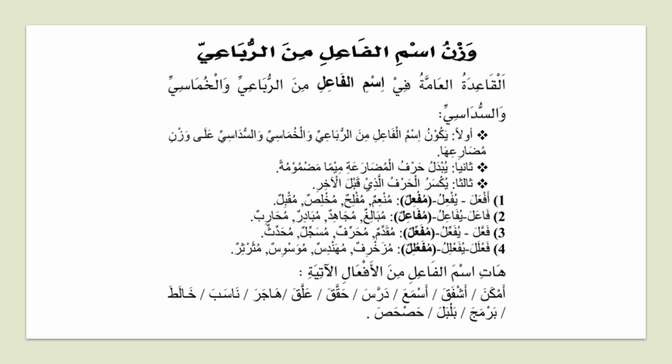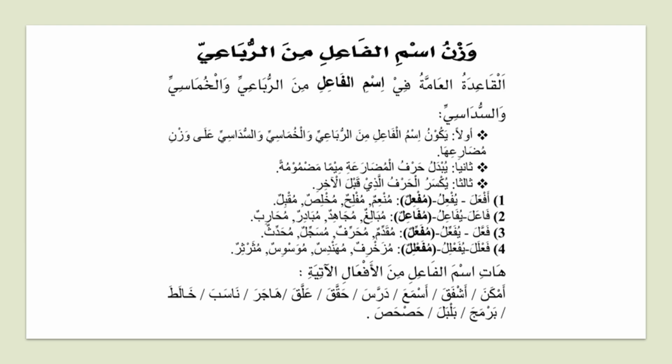So the حرف المضارع is swapped for a meem that has a dhamma. That's the second point. And if I'm reading too fast, then let me know, I'll slow down. ثالثا, يكسر الحرف الذي قبل الآخر, that the letter before the last will then take a kasra. The letter before the last will take a kasra.